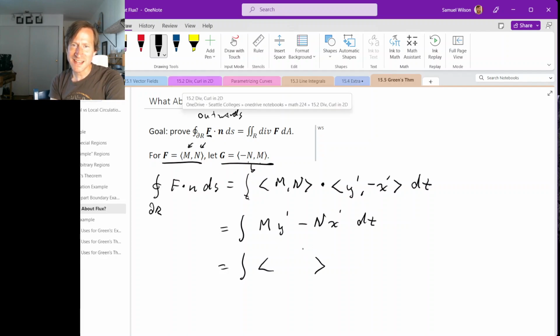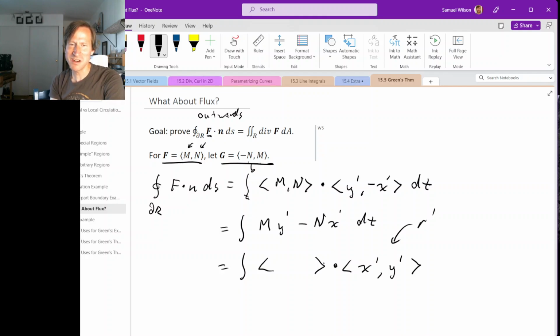To make this a regular line integral, we'd rather have r prime right here, but we can make that happen. If we want x prime and y prime to be here, to get this same thing for the dot product, our minus N has to be multiplying x prime, so it belongs over here, comma, and then M has to be multiplying y prime, so M belongs there.